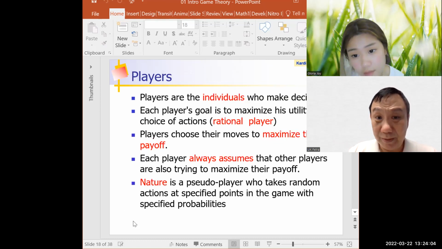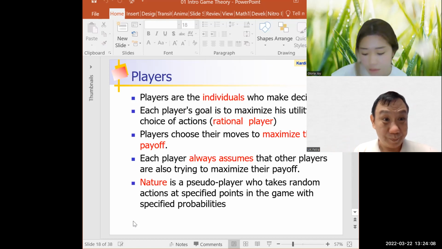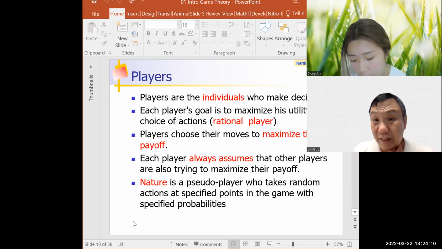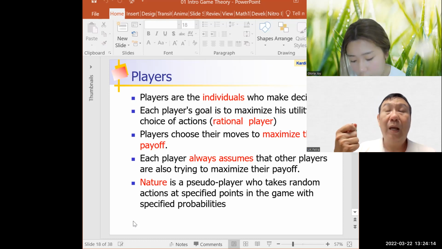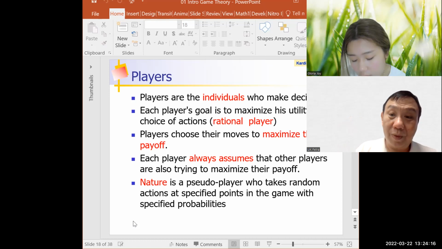So what is a player? Players are individuals who make decisions. Again, I need to emphasize that we assume rational players. Each player will maximize his or her utility by the choice of action.